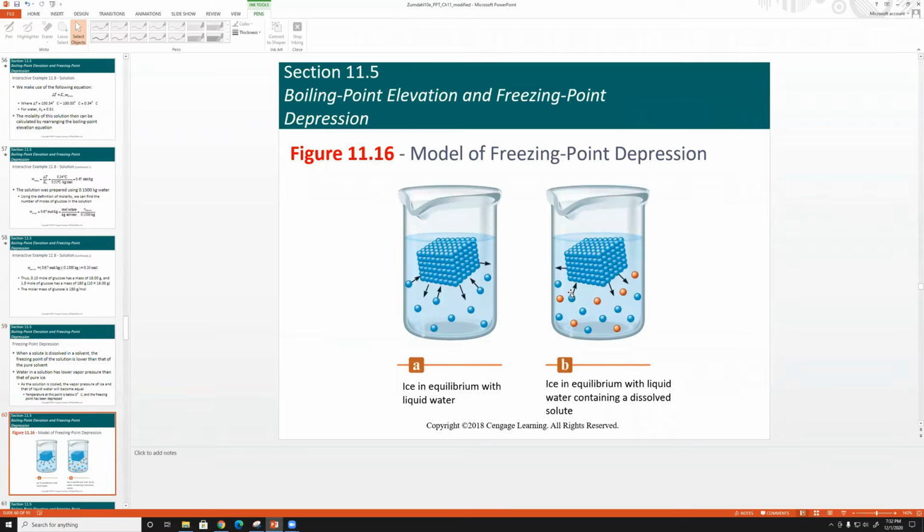And this is because of the strengthened intermolecular forces of the solute. What that does is it means that there's less energy released, because this is more stable than this. There's less energy being released in the freezing of this solution because it's more stable.